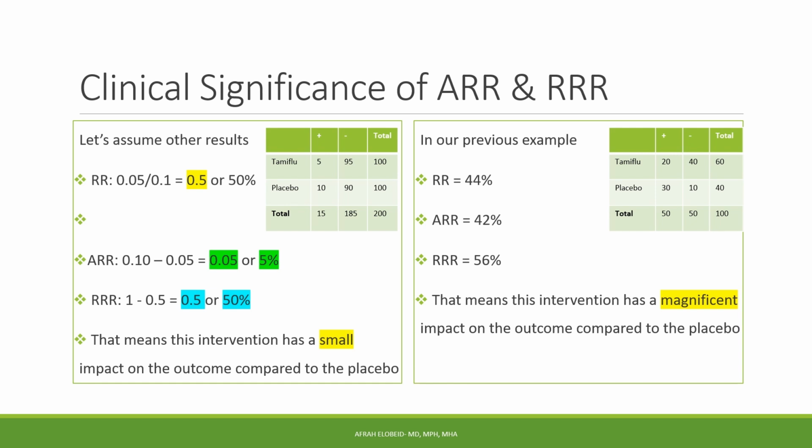I will not go into the details of the number needed to treat in this video. I'll leave it for the next video, and I hope it is a good appetizer to stay tuned and stick around waiting for my next week's presentation, in which we will discuss the number needed to treat and number needed to harm, and how all of these measures together direct the decision makers towards whether to implement this intervention in a bigger scope, like in population, or not.